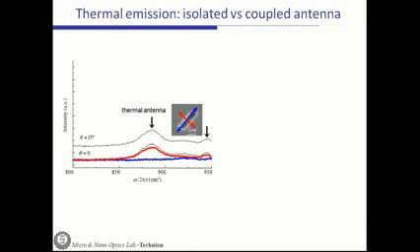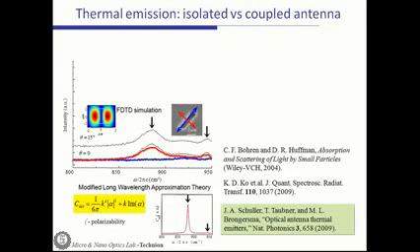In order to study it, we first characterized the isolated thermal nano antenna. As you can see here, we measured the spectrum for a normal direction, and we observed two localized modes where the polarization of the modes follows the short axis of this nano antenna.